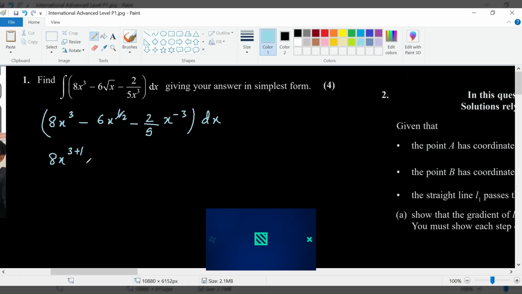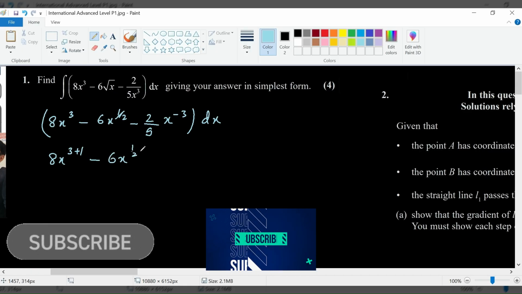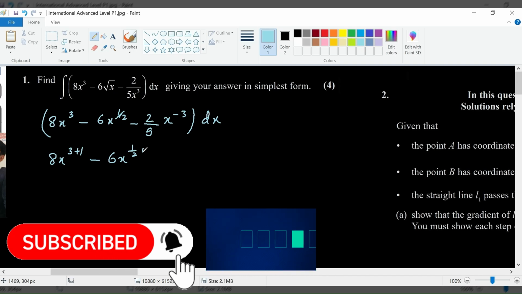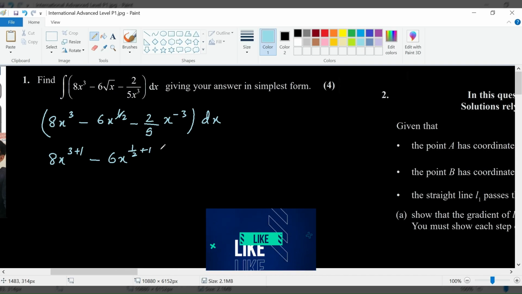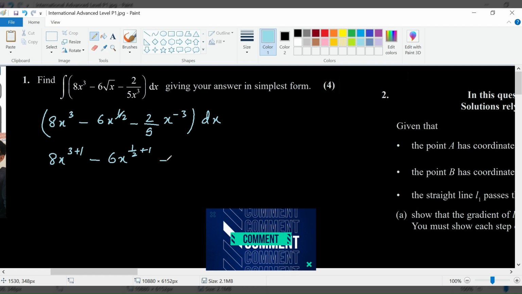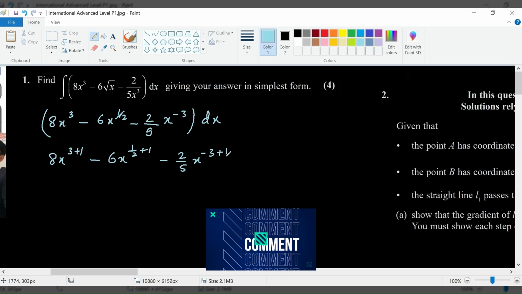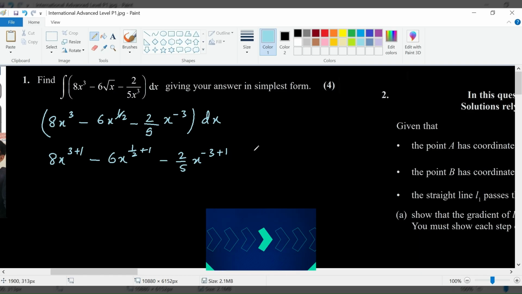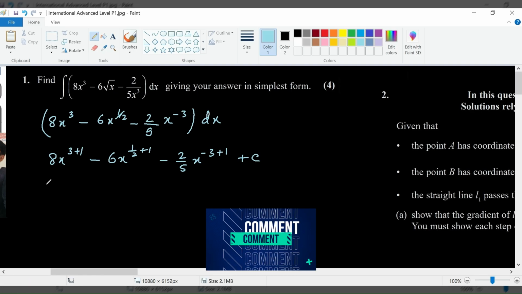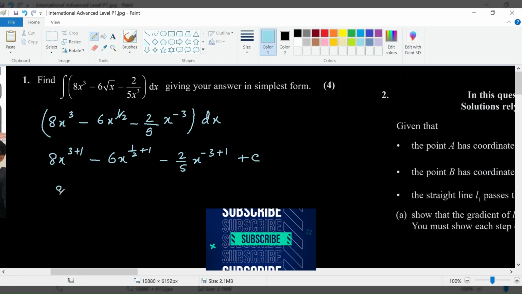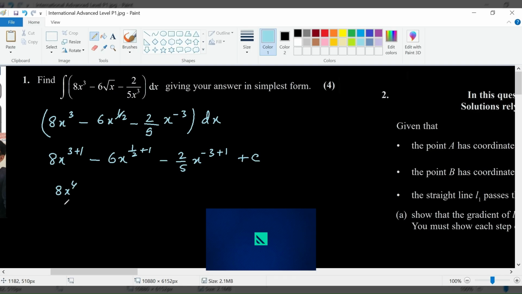Now in the second step, I will write x, and here 1 over 2 plus 1. I'm doing this separately in the first step so that you can understand clearly. Now it is going to be minus 2 over 5 and x to the power minus 3, and plus 1 is going to give us negative 2. So I will write plus c. Always remember, plus c is a must. Now in here, what I do is 8x to the power 4 divided by 4.